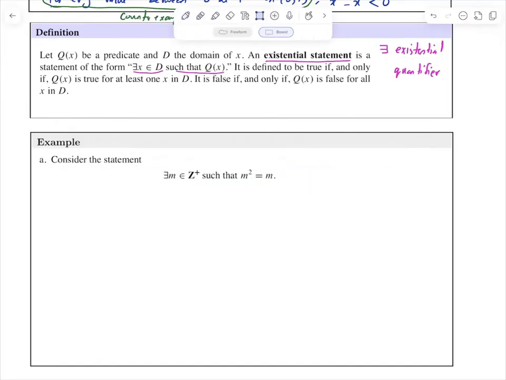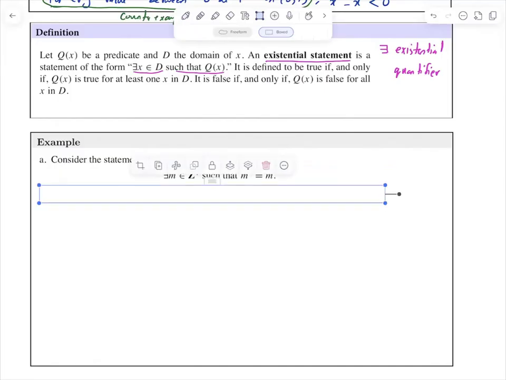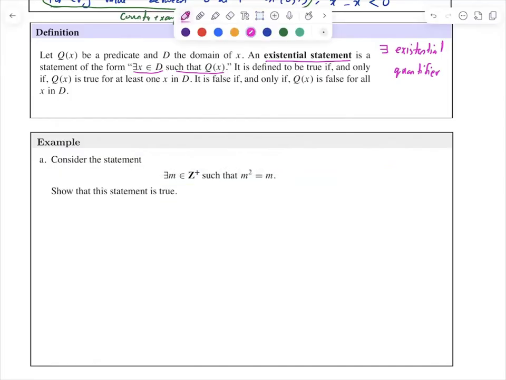Consider the following statement. It says, there exists a positive integer like m such that m squared is equal to m. So the way that we write this is, there is a positive integer m such that m squared is equal to m.